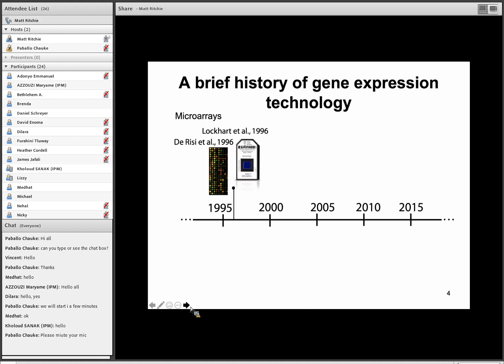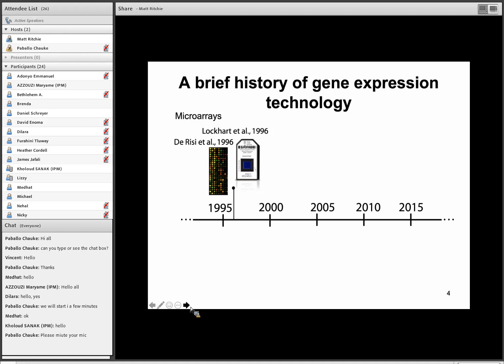One was from Joe DeRisi, advocating for a homebrew printed microarray platform that you could make yourself in your own lab. And the second was a commercial option from a company called Affymetrix. And these two papers really got people pretty excited about the sorts of things you could do if you could start measuring every gene expressed in a sample and apply that to your favorite model system or disease system.